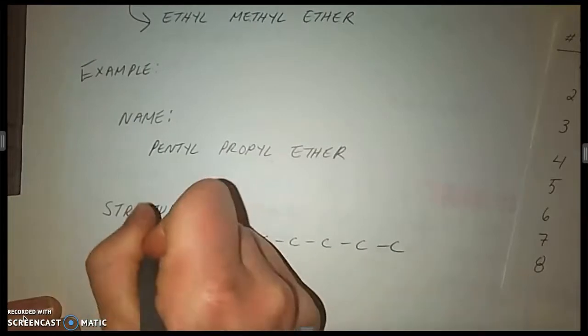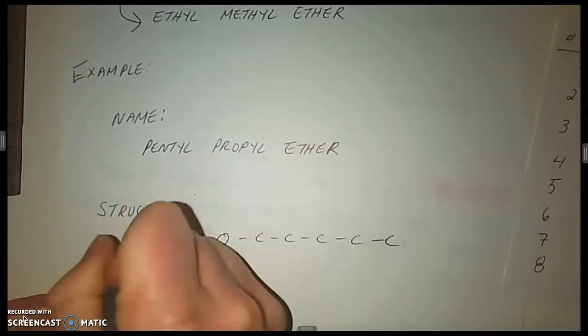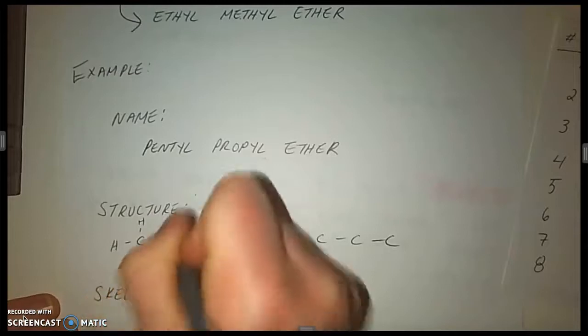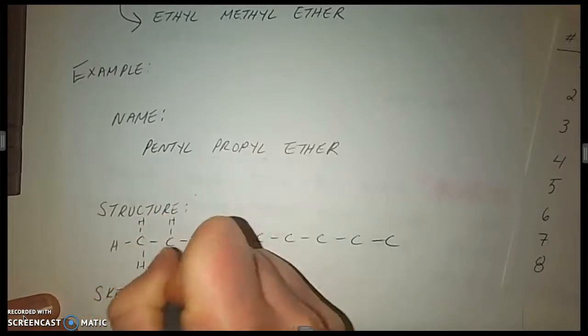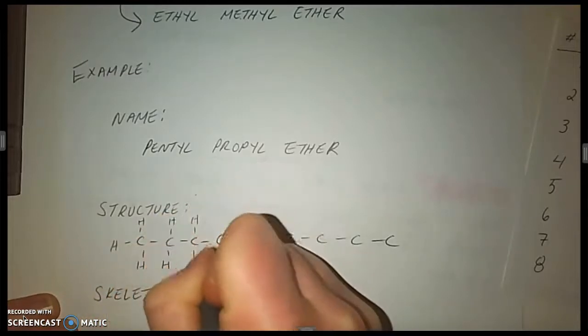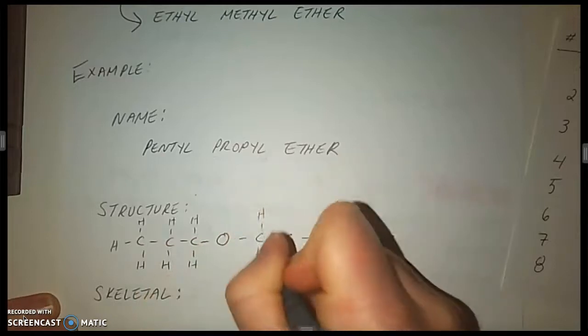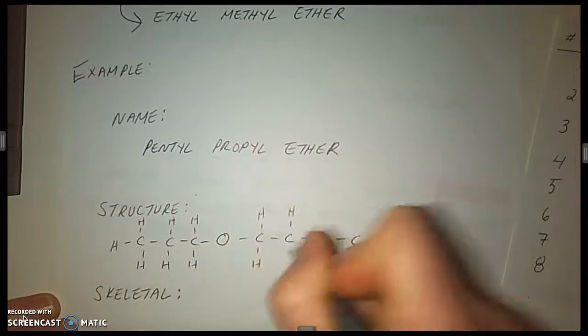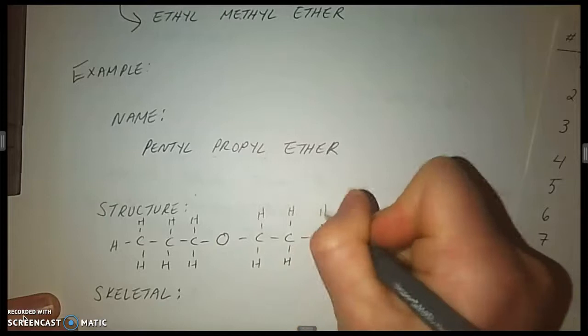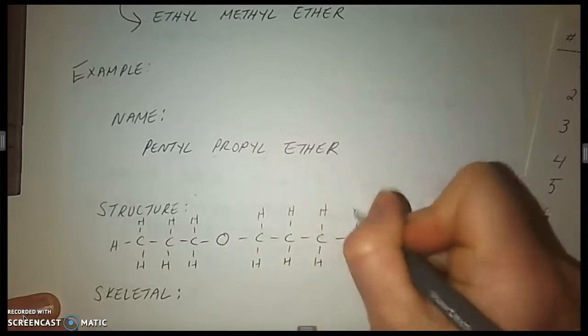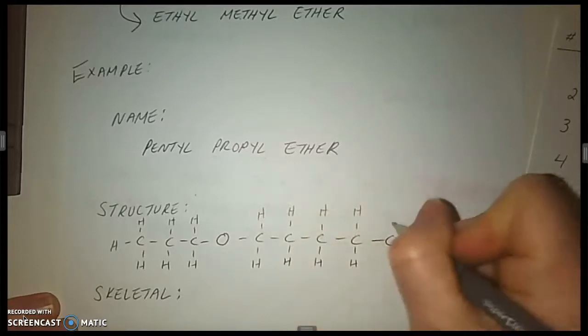And then the last thing I have to do, because I'm drawing a full structure here, is just fill everything with hydrogens, which is going to be a little bit tedious here. But I'm just going to persevere, and it's going to make me really enjoy drawing the skeletal structure in a second. So many hydrogens, all the hydrogens.